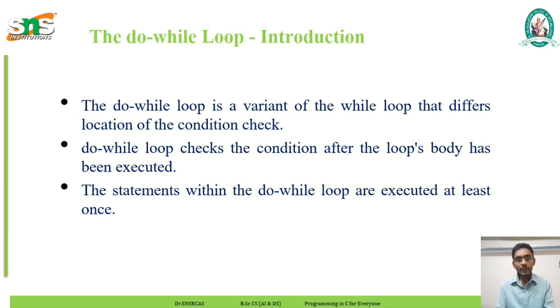Unlike the while loop, which checks the condition before executing the loop's body, the do while loop checks the condition after the loop's body has been executed, which means in do while the segment of code inside the loop will execute at least once, regardless of whether the condition is initially true or false.